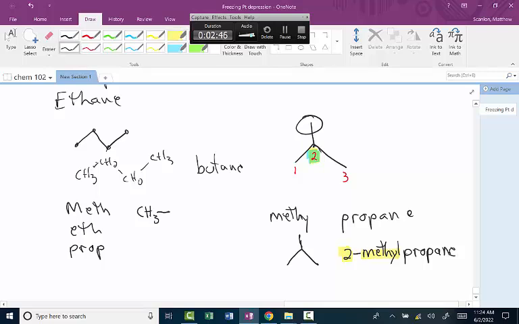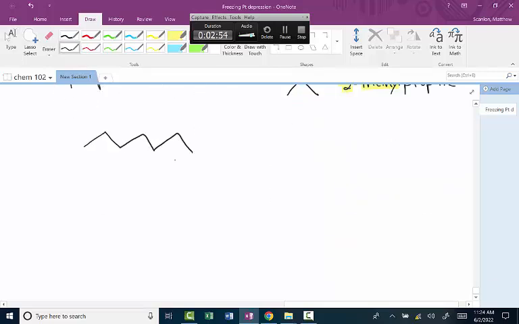Let's do something else. So here is a compound. Let's name it. First, we start count. There's 2 ways to count. 1, 2, 3, 4, 5, 6, 7, or 1, 2, 3, 4, 5, 6, 7. That's our longest chain.